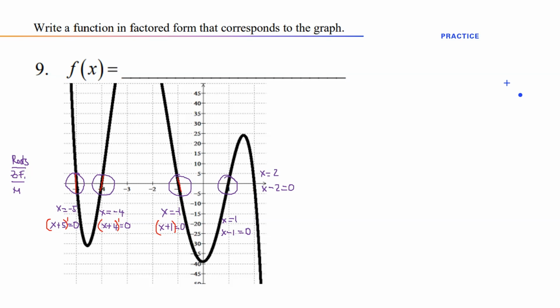This one is also the same, so they all have multiplicity of 1. Now we check if n is odd or even. The left end goes up, the right end goes down. And if the right end goes down, it means a is negative. So n is odd and a is negative.